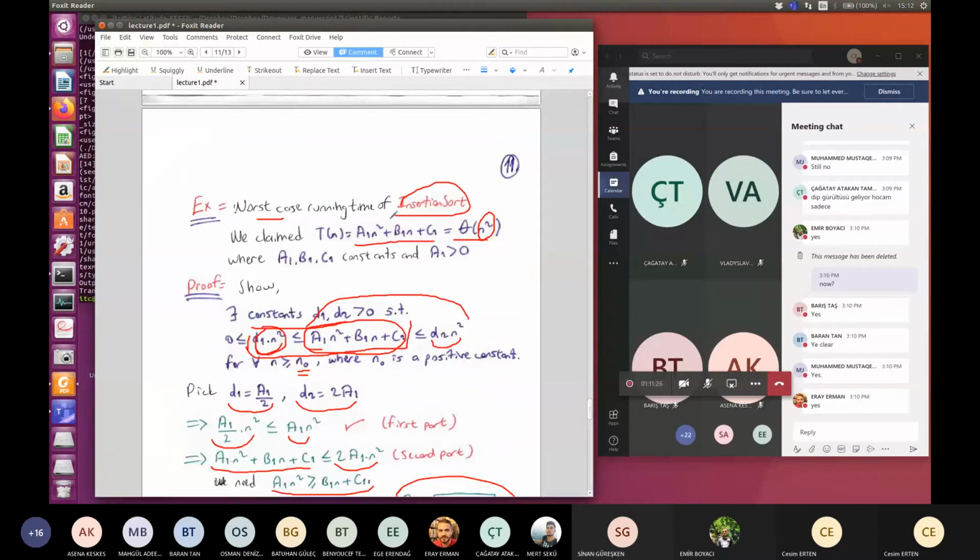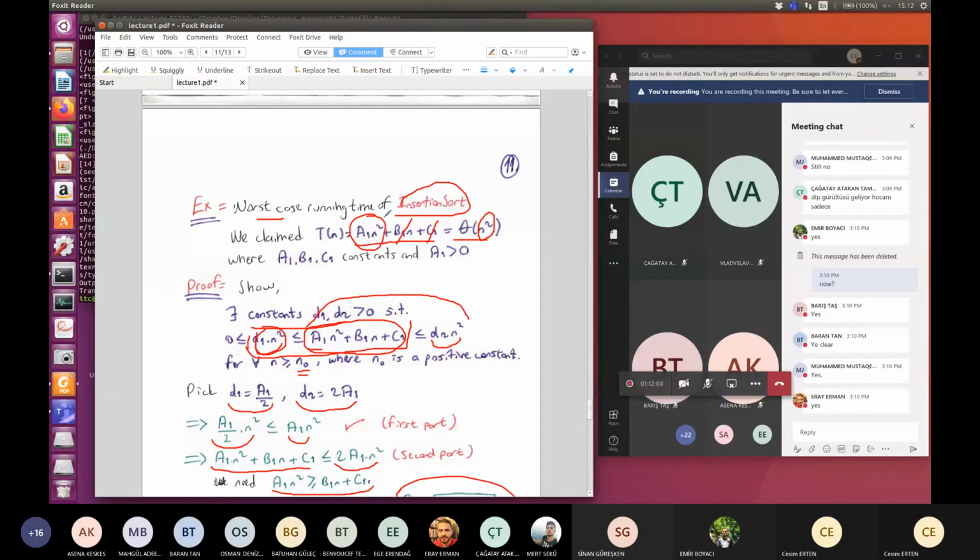So let's inspect T of n here. We have a1n squared plus b1n plus c1. The highest order term is a1n squared. Since theta notation is a notation that we use to simplify functions, it tells us to forget about the lower order terms. Forget about the term with n, since n squared is already bigger. And forget about the term with n to the 0, since n squared is already bigger.